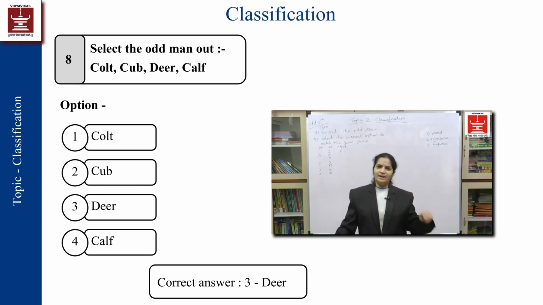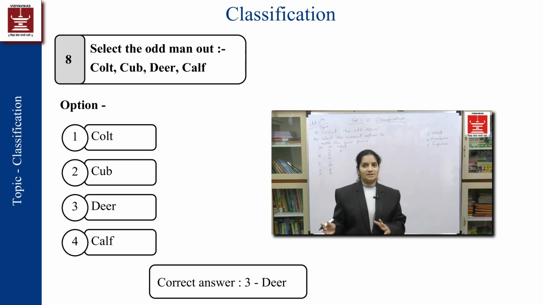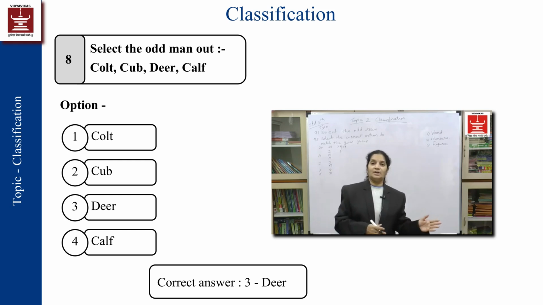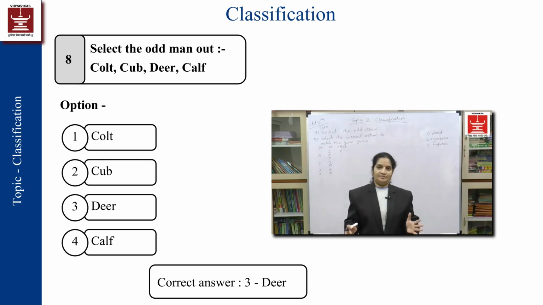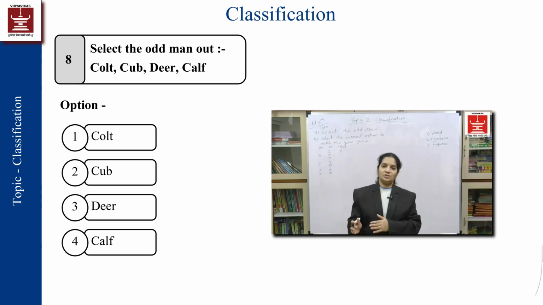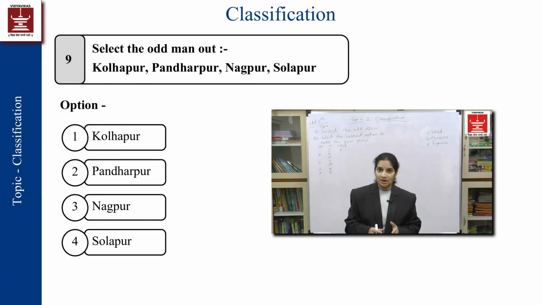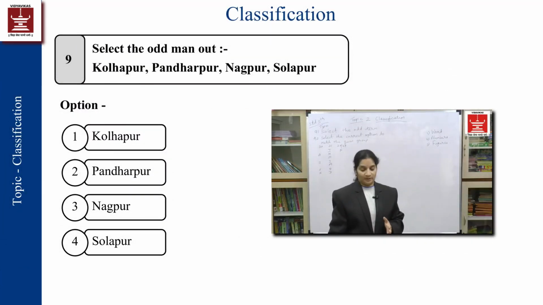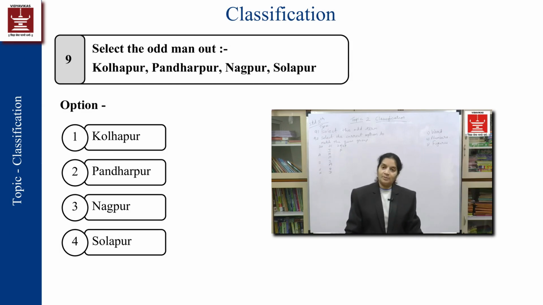So any random question can be based on, say, science also; the living, non-living criteria comes into science. This part comes into grammar. So your knowledge about all the subjects, you need to be an all-rounder. You need to have knowledge about science also, and about geography also. We'll give one example about geography. Say the options are Kolhapur, Pandharpur, Nagpur and Solapur.